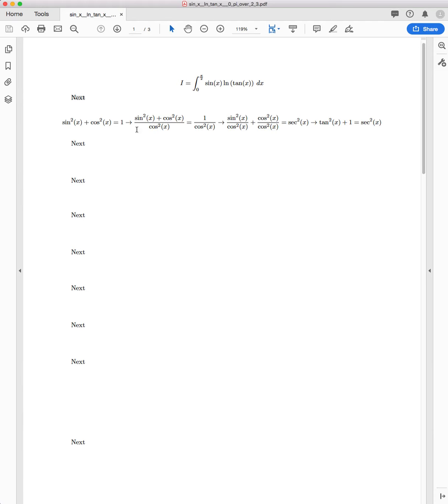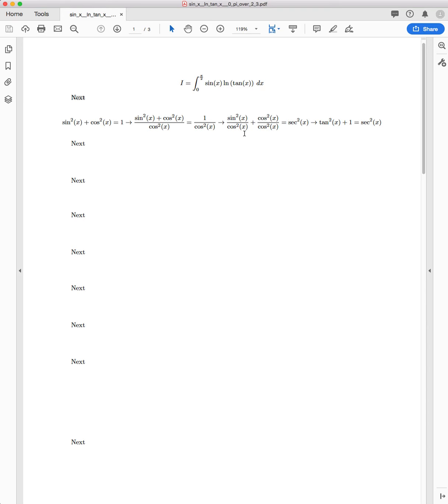Okay, so we start off with the standard identity of sine squared of x plus cos squared of x is equal to 1. Now, if I divide both sides by cos squared of x, I've got sine squared of x plus cos squared of x over cos squared of x is equal to 1 over cos squared of x. So splitting up the fraction, we have sine squared of x over cos squared of x plus cos squared of x over cos squared of x is equal to, and remember 1 over cos squared of x is equal to sec squared of x.